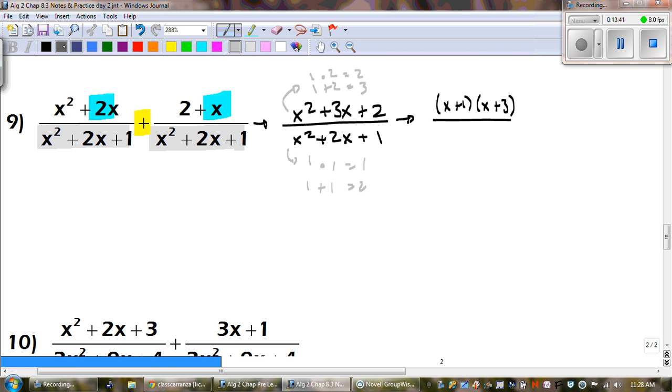Yeah, and that's just x plus 1. So we get x plus 1, x plus 1. So cross off the things that are the same. And then our final answer, we're left with, I'm sorry, I wrote x plus 3. That should be x plus 2. So x plus 2 over x plus 1.